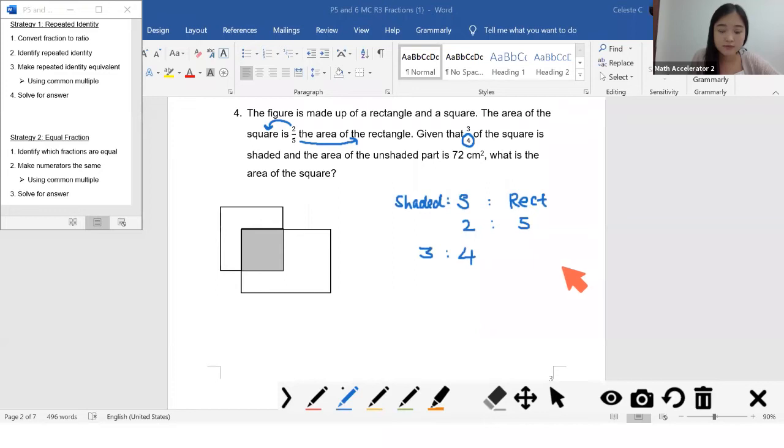Right, so your repeated identity in the first set and the second set will be your square because it appears twice. You have a 2 and a 4 here. Right, so what should I do to make it equivalent? Times what here? Common multiple, you have 2 and 4.